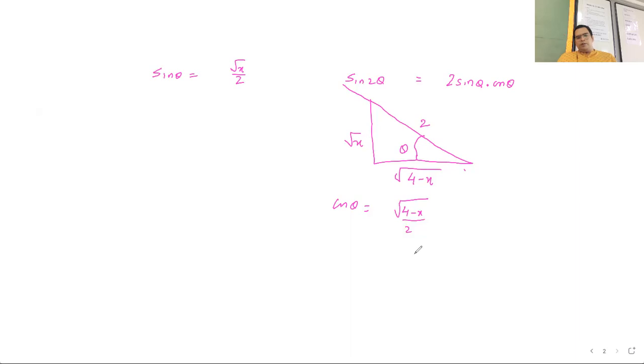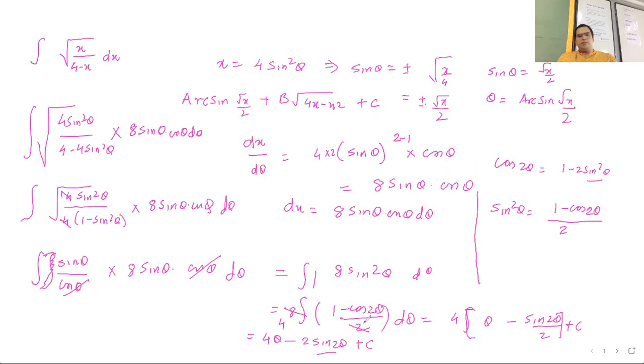Now we come back. So when you come back and substitute the values here, the final answer that you get will be 4 sine inverse, or arc sine, root x upon 2 minus 2 sine theta cos theta. So sine theta is nothing but root x upon 2, and cos theta is basically root of 4 minus x upon 2.